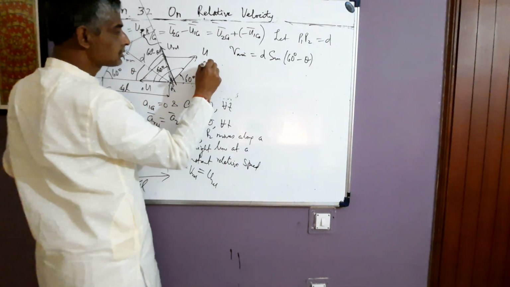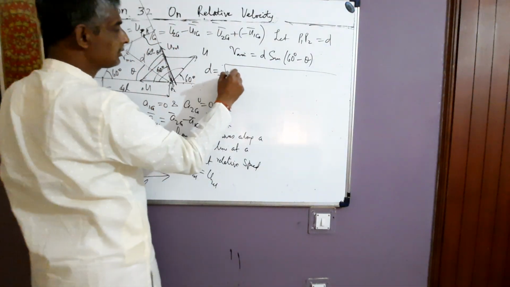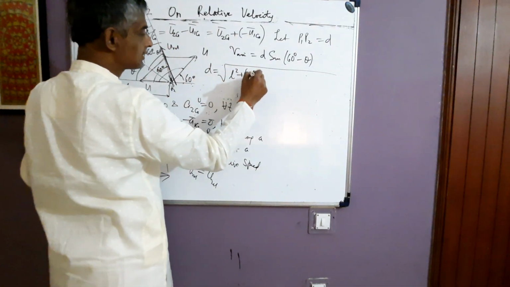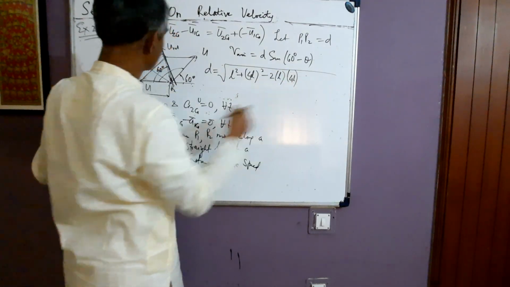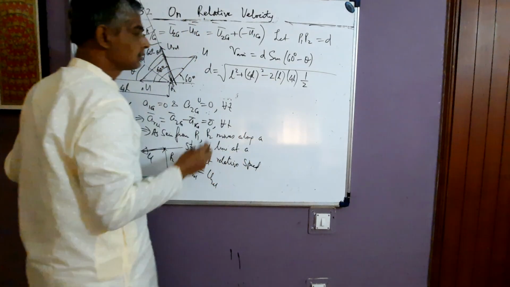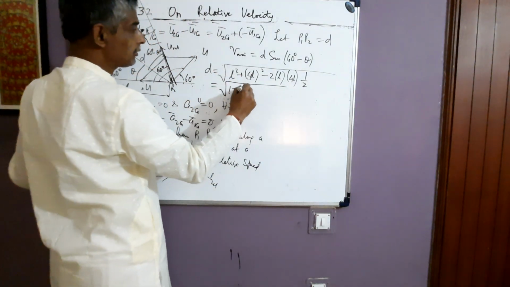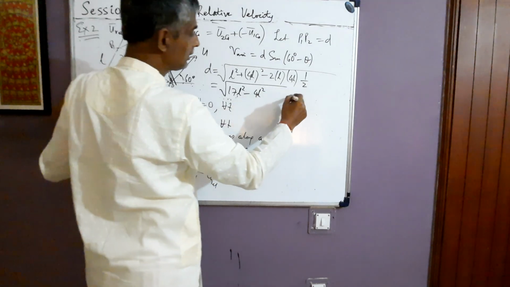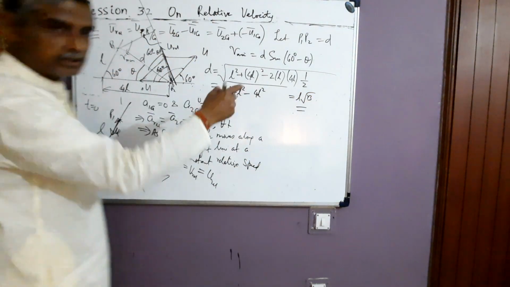D is root under L square plus 4L whole square minus 2 into L into 4L into cos of 60 degree. Cos 60 degree is 1 by 2. This becomes 16 plus 1, 17 L square minus 4L square, so L root 13. So D is equal to L root 13.